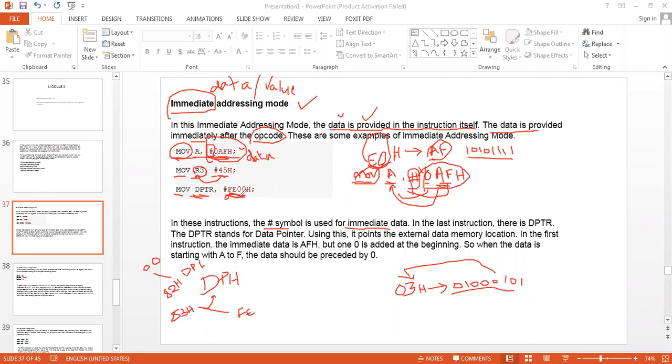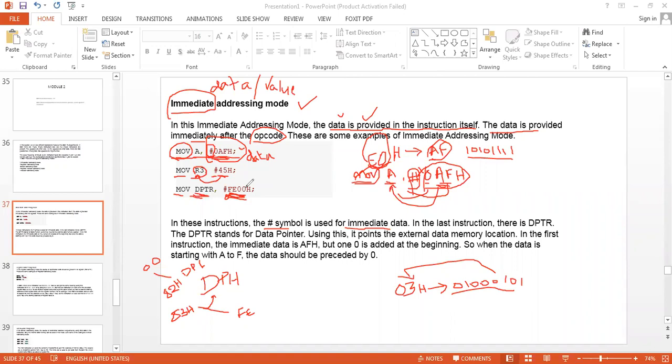Whenever there is an external memory operation, the data pointer is used. It doesn't hold the data always. It means the data pointer is pointing to FE00H in the external memory.